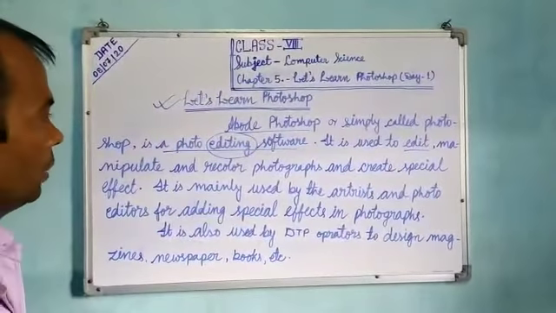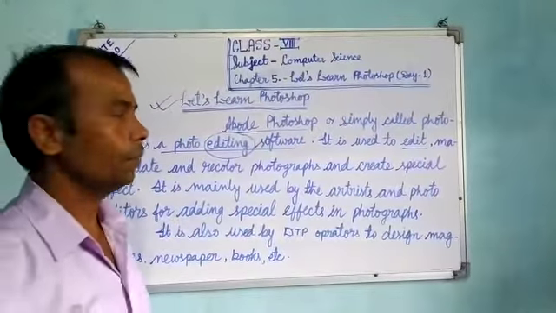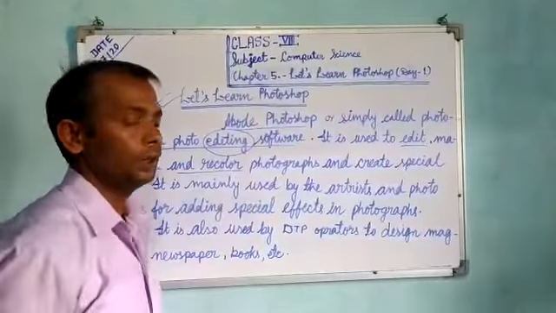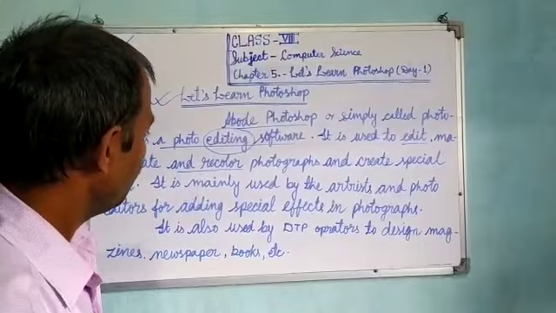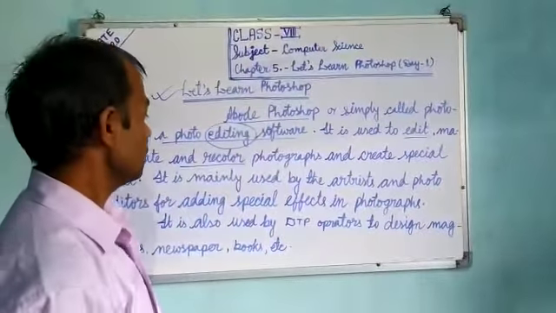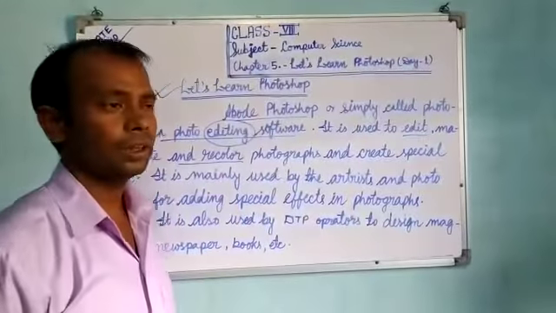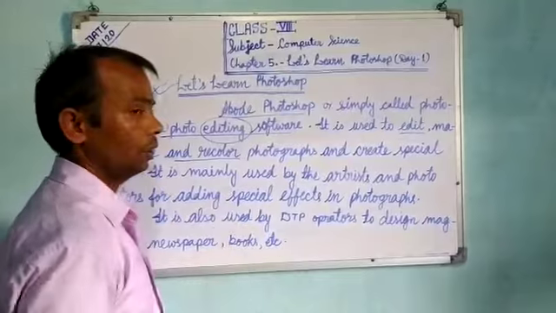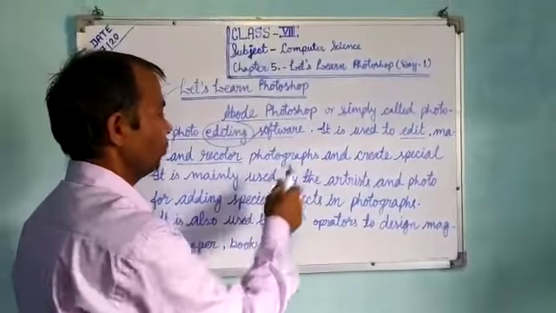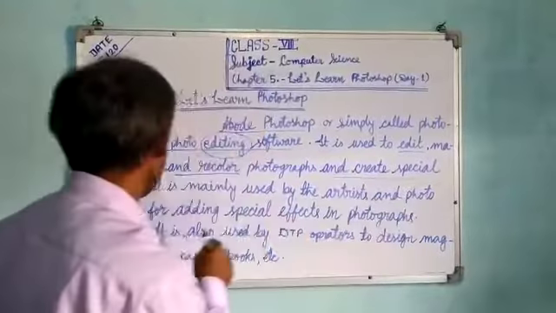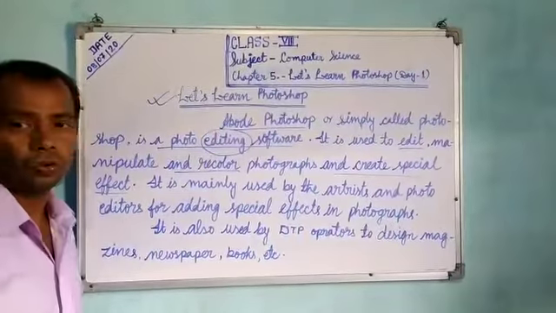Again, we can manipulate according to our own desire. And recolor means that if a previous color is there but we don't like it, then we can recolor it with the required colors, whatever you want in the photograph, and create a special effect on that photo.